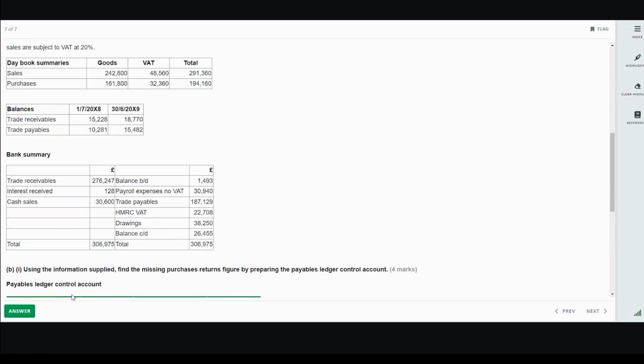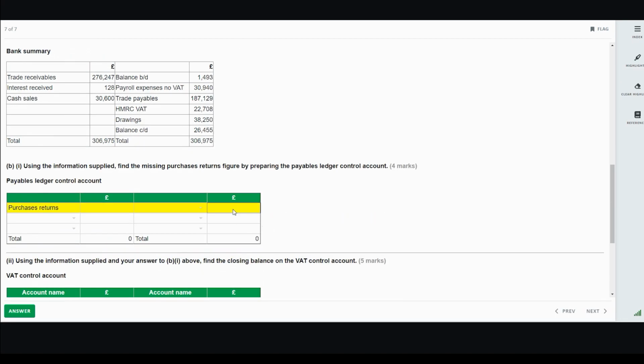You know that in your payables ledger control account, it's the total figures that are recorded. If you remember, purchases are a debit, so the purchase VAT is a debit, so in the control account the total is a credit.